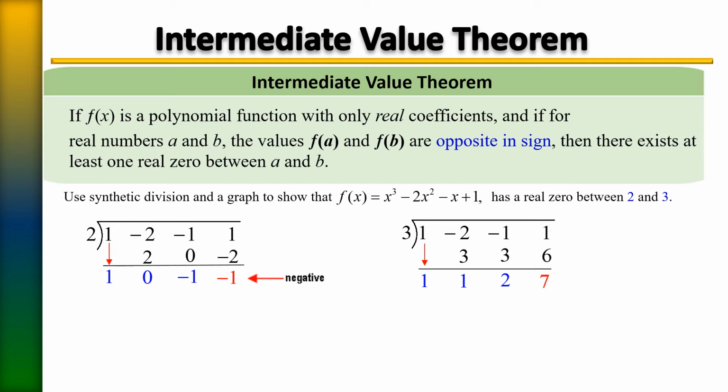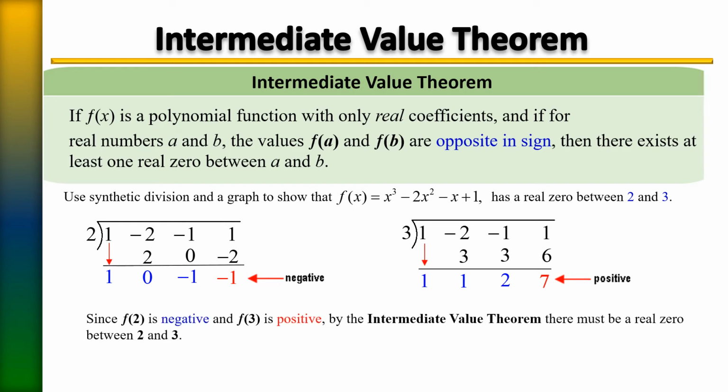So notice here that our output f of 3 equals 7. And because our outputs f of 2 and f of 3 are opposite in sign, that is proof that there exists at least one zero between 2 and 3, and that is the intermediate value theorem.